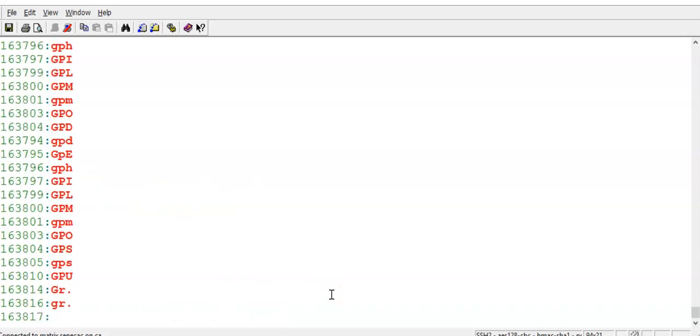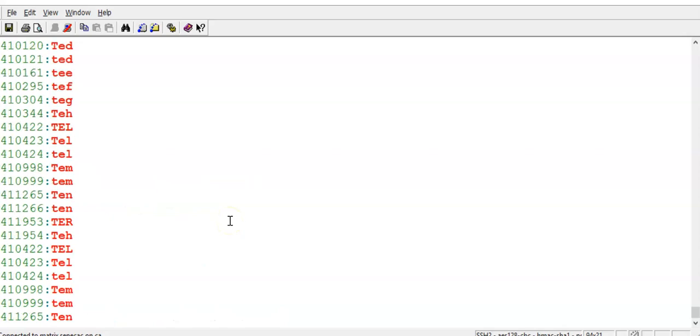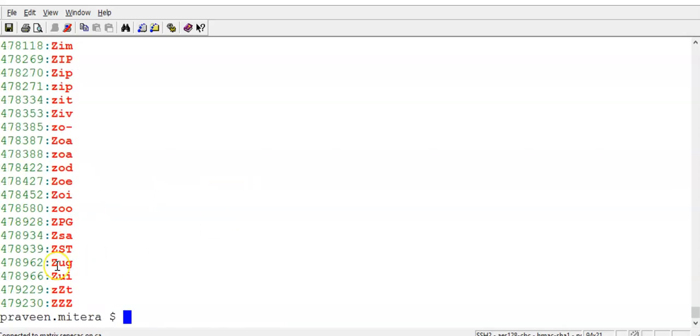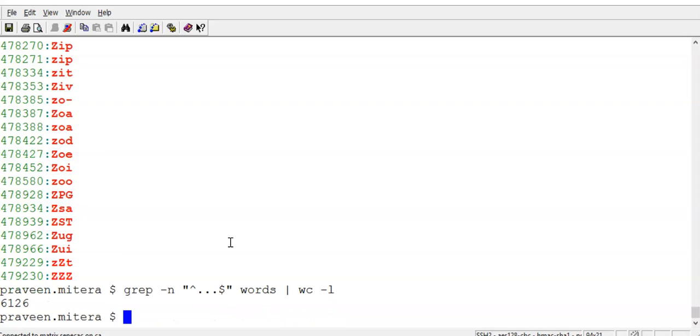So now there's a whole bunch of lines where there's only 3-character words, and it tells you which line it's finding that on. And of course I can pipe this through a wc -l to see how many it found. So it found 6,126 such words which were only 3 characters, and there was nothing before that and nothing after that.